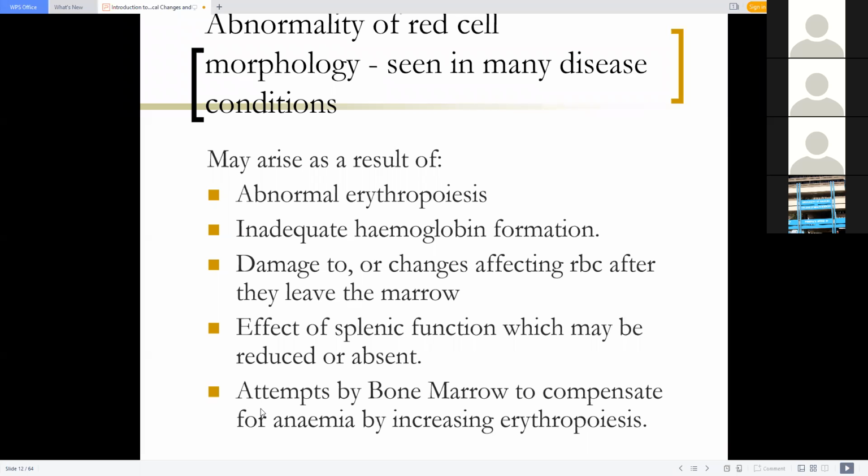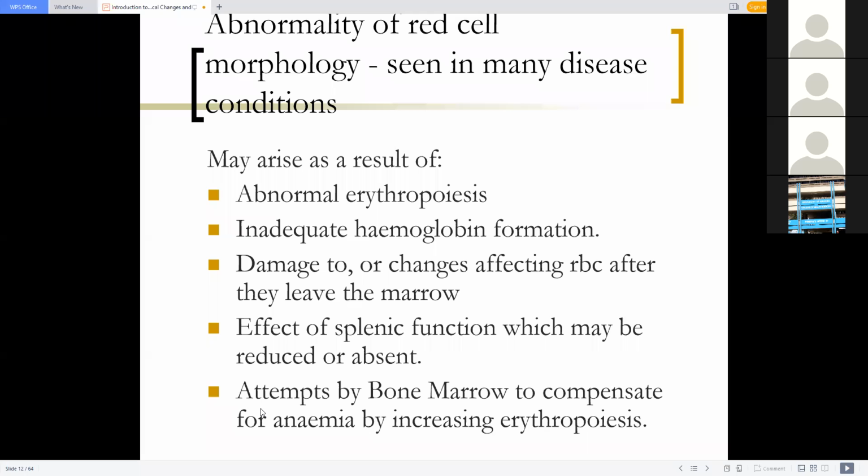All right. One of the organs that gives a lot of morphological changes on the red cell is the spleen. Remember, we are going to study the function of the spleen. I don't know whether you've already done it in physiology, but the spleen can alter red cells. For example, the spleen may remove abnormal inclusions within the red cell, like Howell-Jolly bodies.